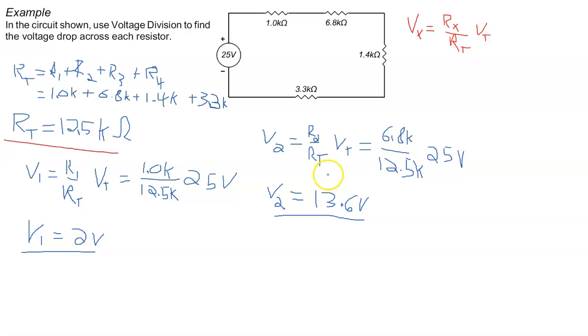Okay, so V3 will be equal to R3 at 1.4K divided by RT at, again, 12.5K and multiplied by VT at 25 volts.